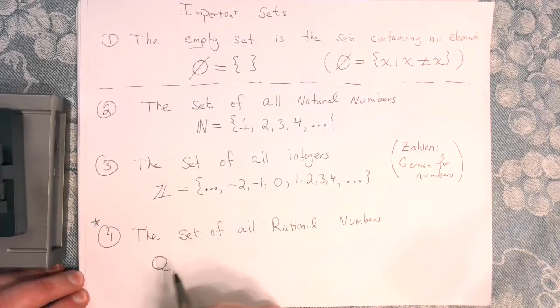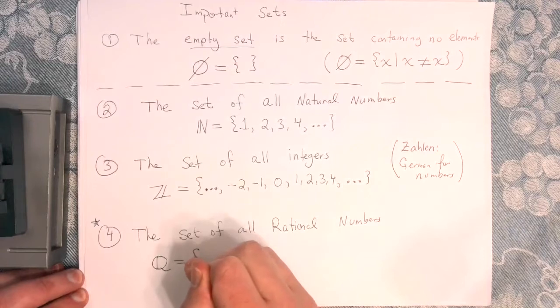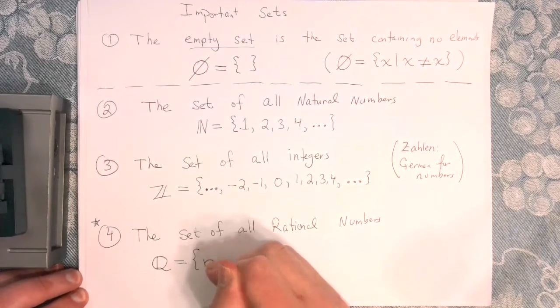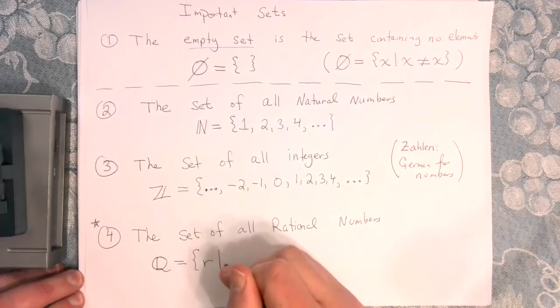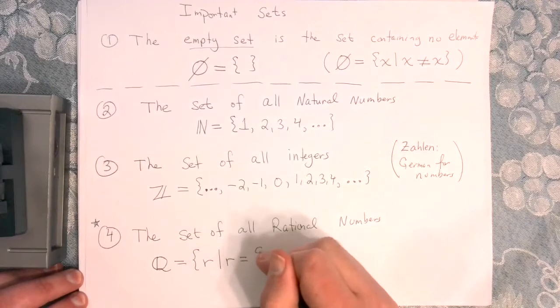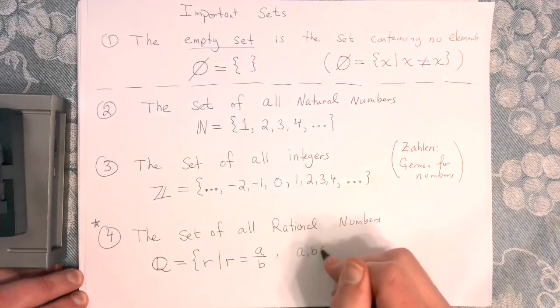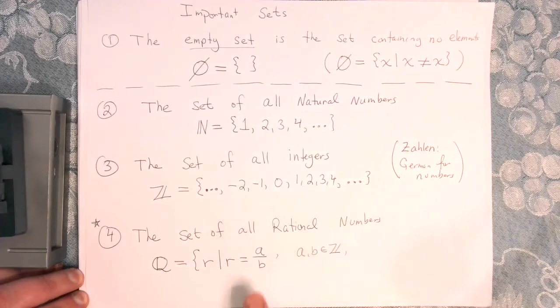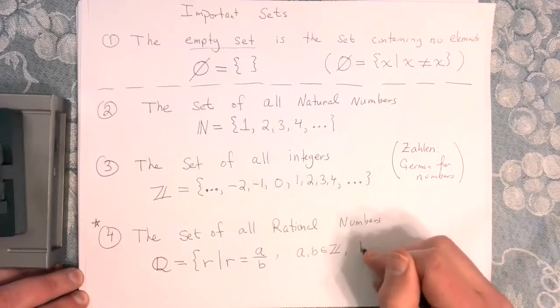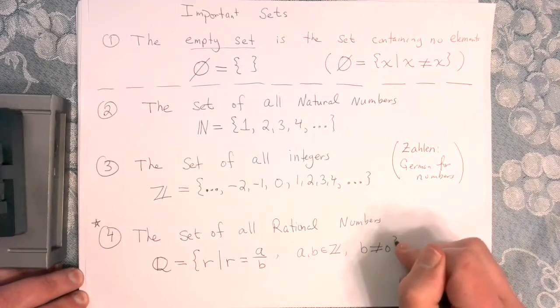And so the set of all rational numbers is equal to the collection of all numbers r such that r is equal to a over b, where a and b are integers. And of course, we don't want to divide by 0, so b is non-zero.